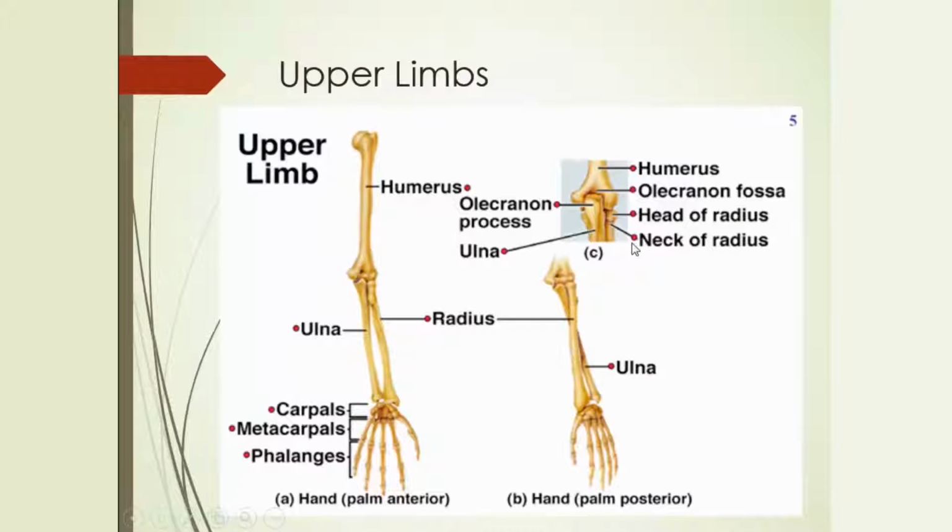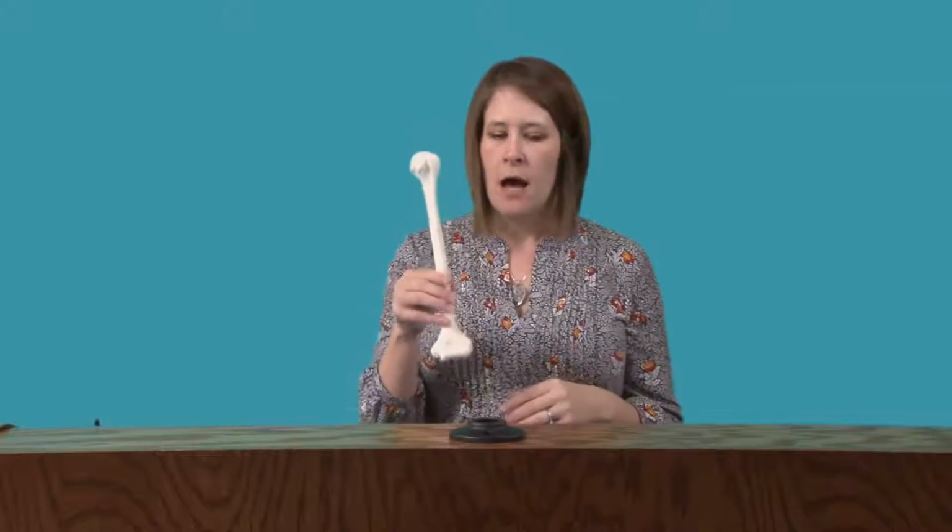So you can see in your slide here, your upper limb is made up of three major bones. Most superior is your humerus, and then you have two bones that make up your lower arm, your ulna and your radius. Something that you may see again in lecture and later in the semester when we start talking about anatomical changes from a quadruped species to a biped species is the humerus.